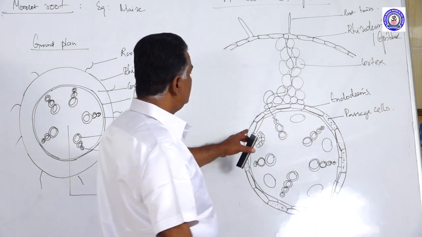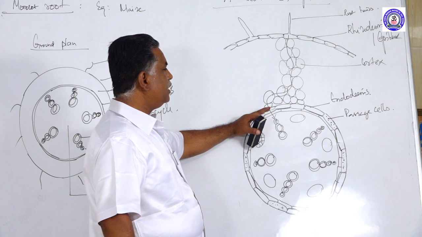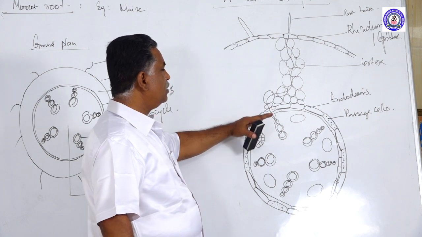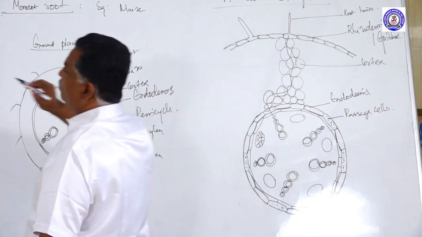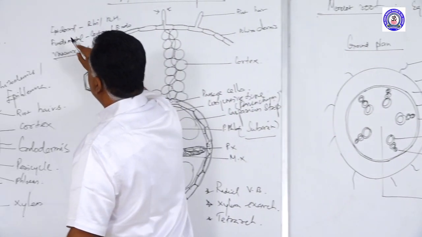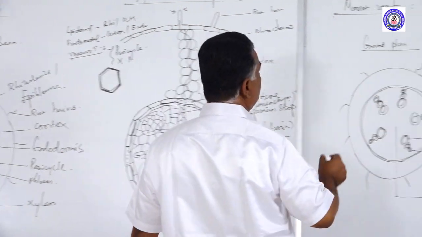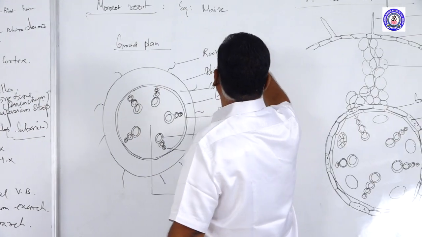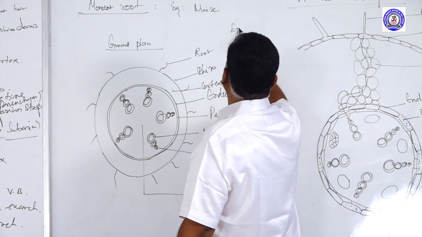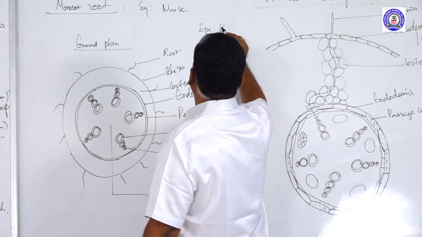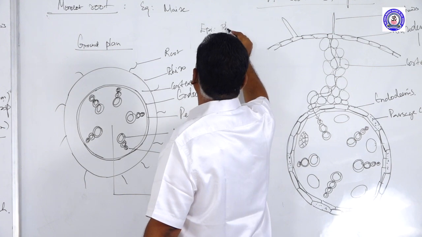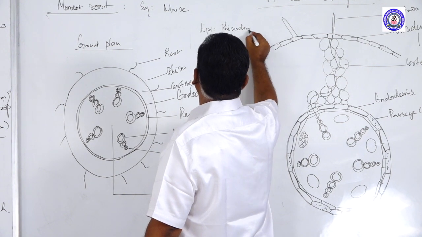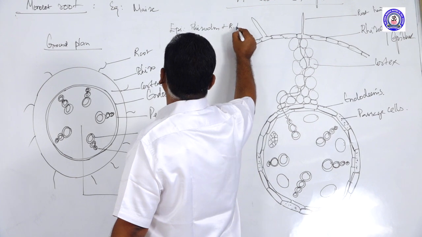And next, the last layer of the cortex is called endodermis. Next is the stele. See the difference here. I have written epidermal tissue system, fundamental tissue system, vascular tissue system. Here too the same way. Epidermal tissue system is made up of rhizodermis and root hairs.